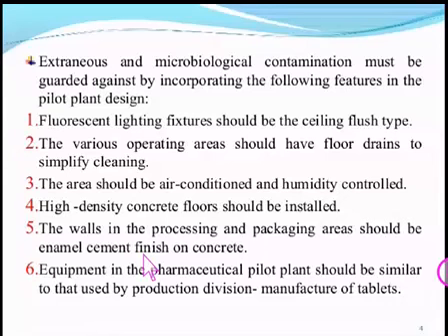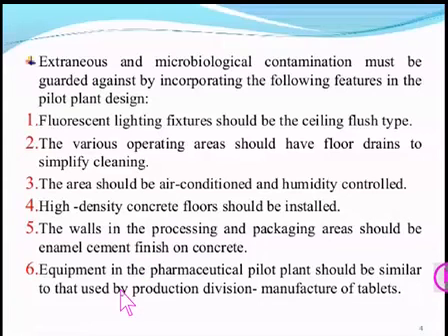If the wall finish has a rough texture, it has the potential to catch the dust, and once the dust is there, it is likely to contaminate the next product being processed in the same plant at another time. So the finish of the wall should be such that it does not attract or hold the dust, and that's why the processing and packaging area should be enamel cement finish on concrete.